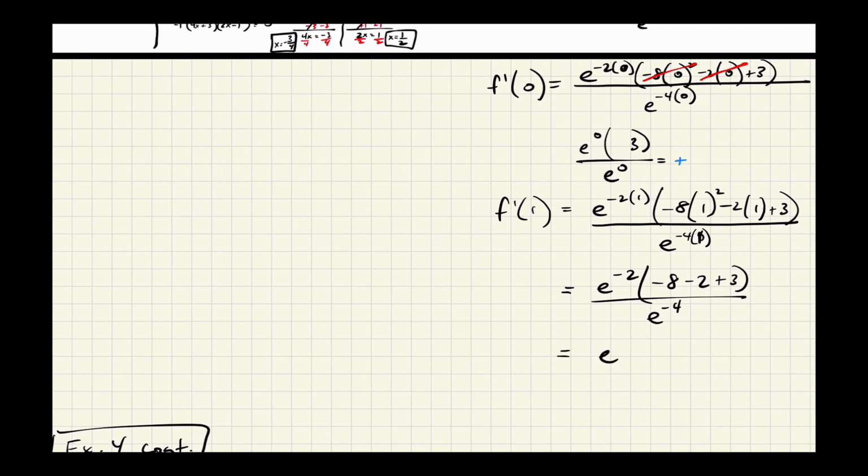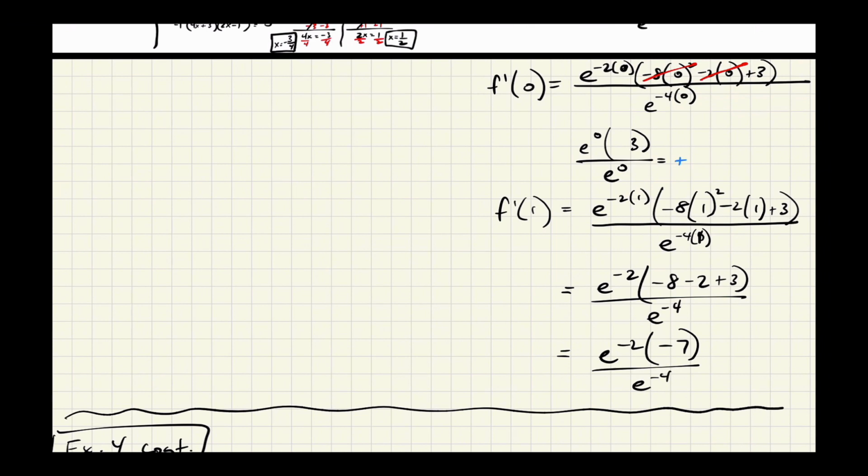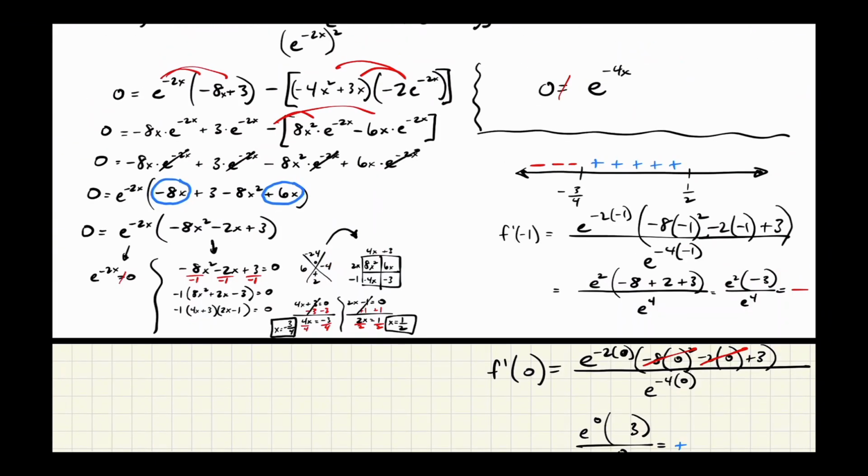So we're going to get e to the negative 2 times negative 7 over e to the negative 4. The only negative there is negative 7. e to the negative 2 is not a negative number, and e to the negative 4 is not a negative number. Okay, so that's going to be negative.